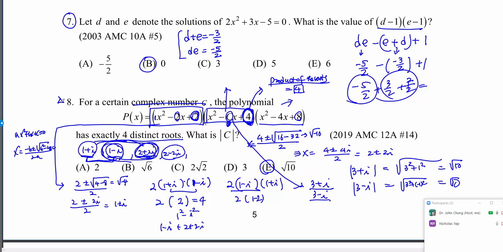This is very important. Questions like this on AMC 12, sometimes AMC, come from complex numbers too. You have to be careful.